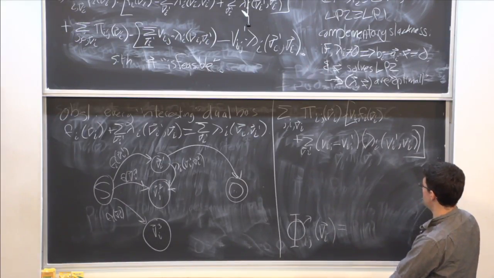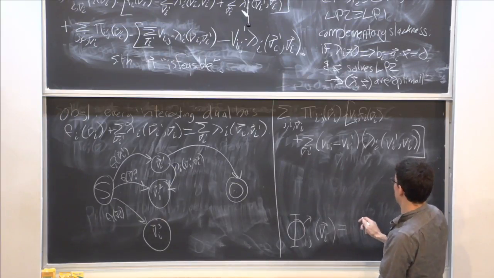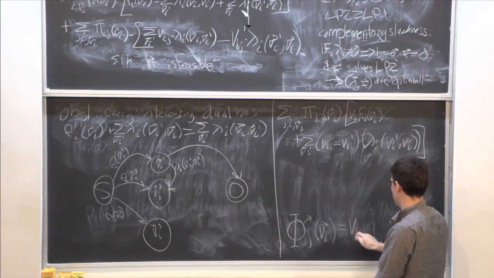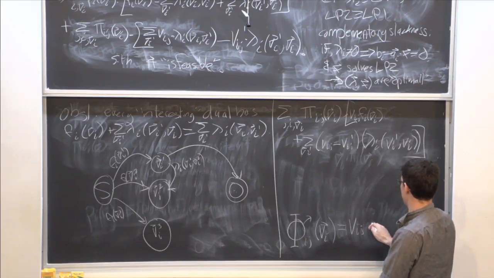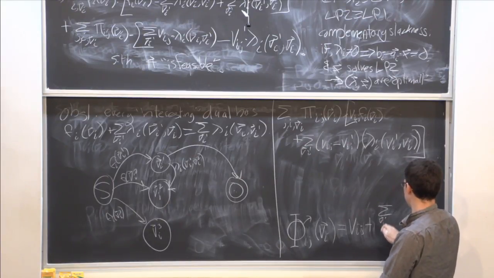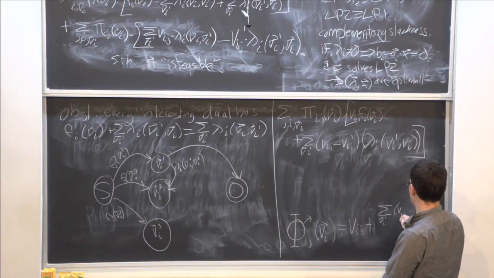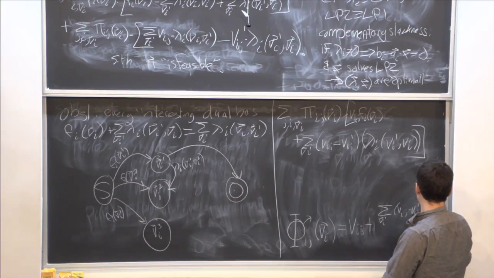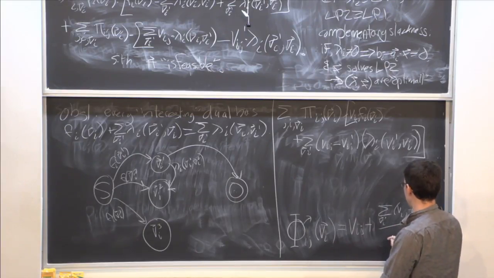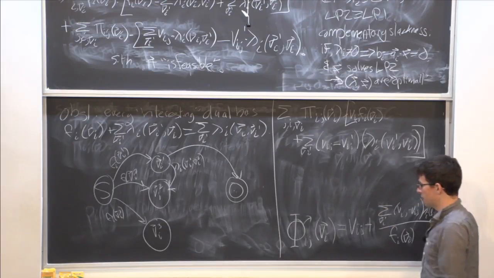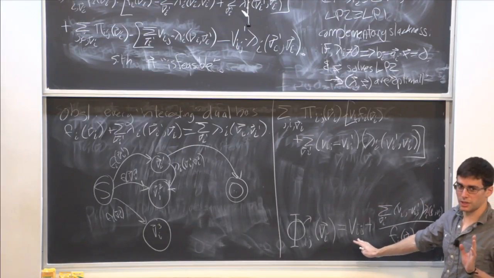I want this to be equal to vij plus the sum over all vi prime of vij minus vij prime, lambda i of vi prime vi, all over fi of vi. Okay, so all this is notation.